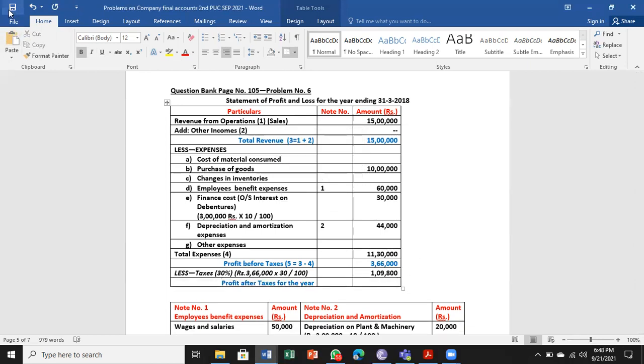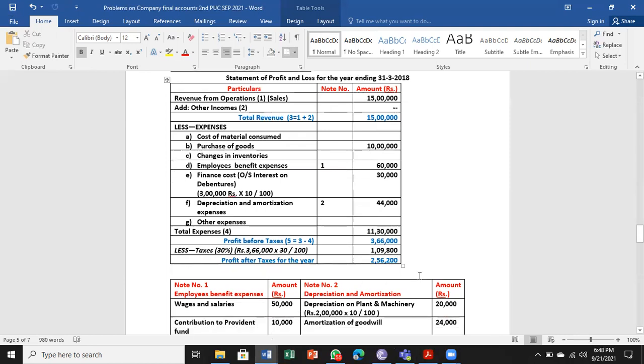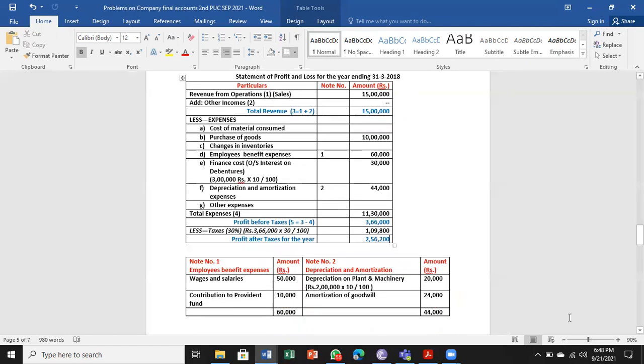So if you deduct that tax, then you are going to find profit after taxes. 2,56,200 is the total profit after taxes for the year.